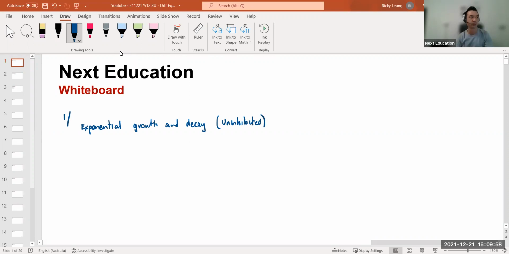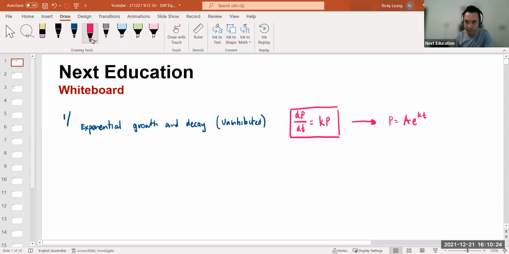We had the formula where the differential equation is dP/dt equals kP, where k is a constant and P is the variable that we're exploring the rate of change of. The solution is always going to be an exponential. If k is positive, exponential growth. If k is negative, exponential decay. That's pretty straightforward stuff, nothing too fancy. We covered that in the last video.